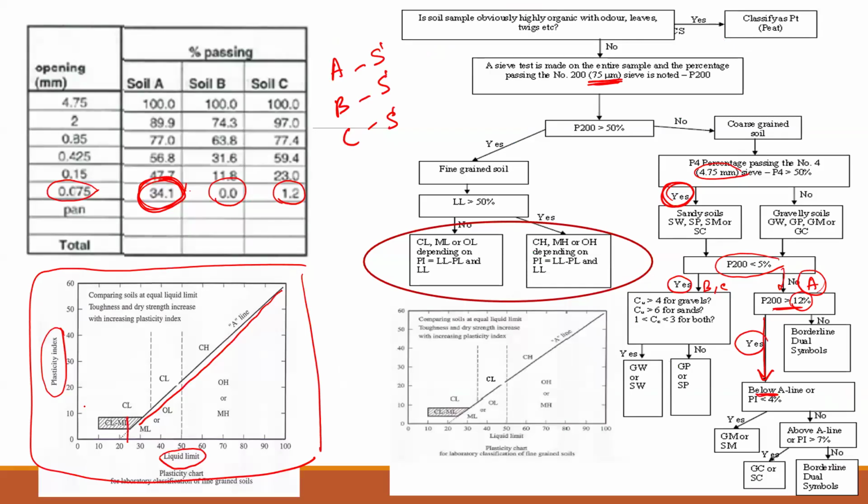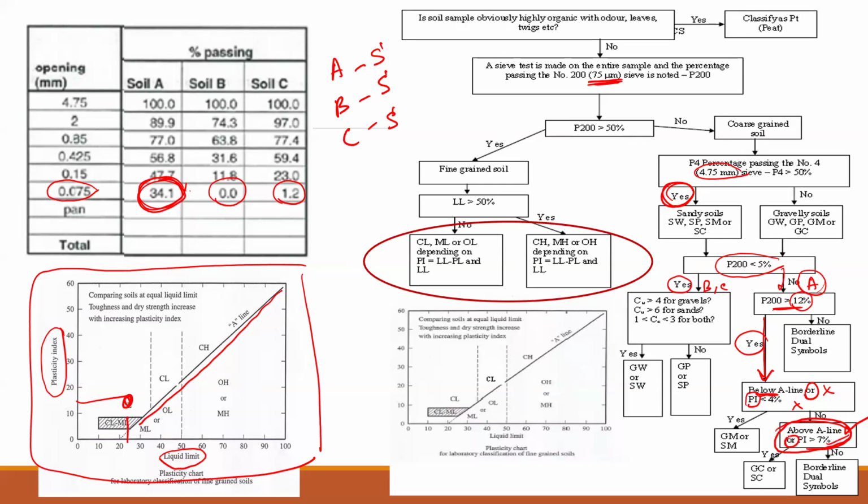Above the A line, and the plasticity index is less than 4? The plasticity index we found is 15, so none of these conditions are satisfied. So no, we go this way. Then above the A line, yes, or plasticity index more than 7%.